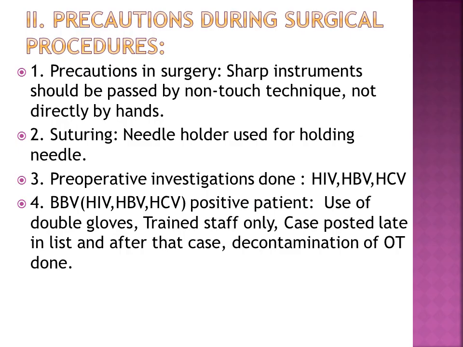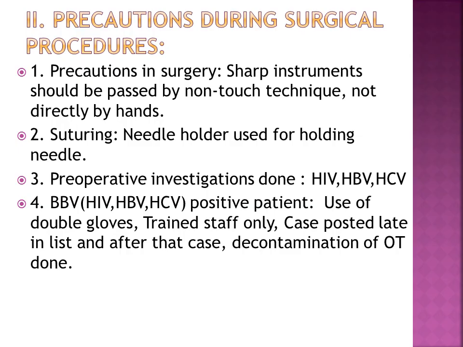Sharp instruments should be passed by the non-touch technique, not directly hand to hand. They should be kept on a tray or some green cloth, and then passed to the surgeon. While suturing, a needle holder should be used for holding the needle.